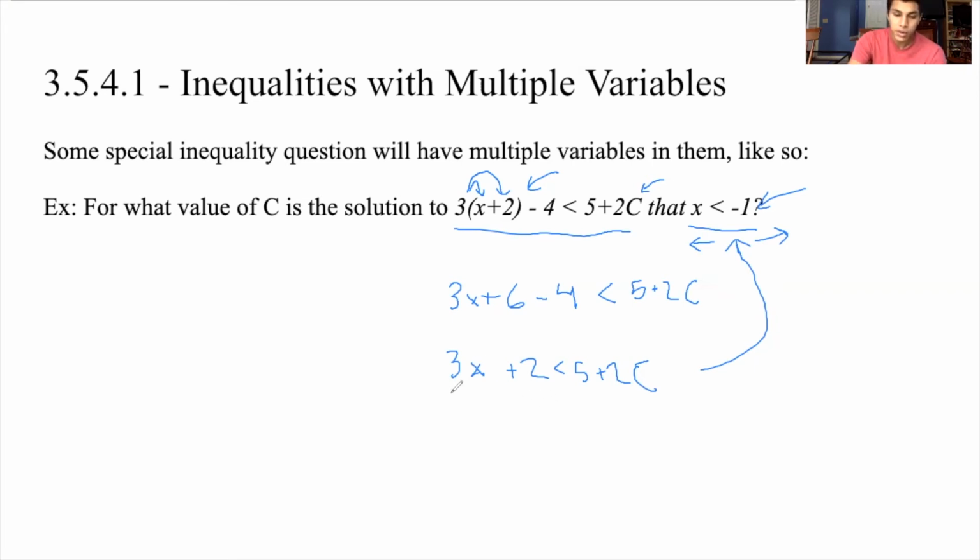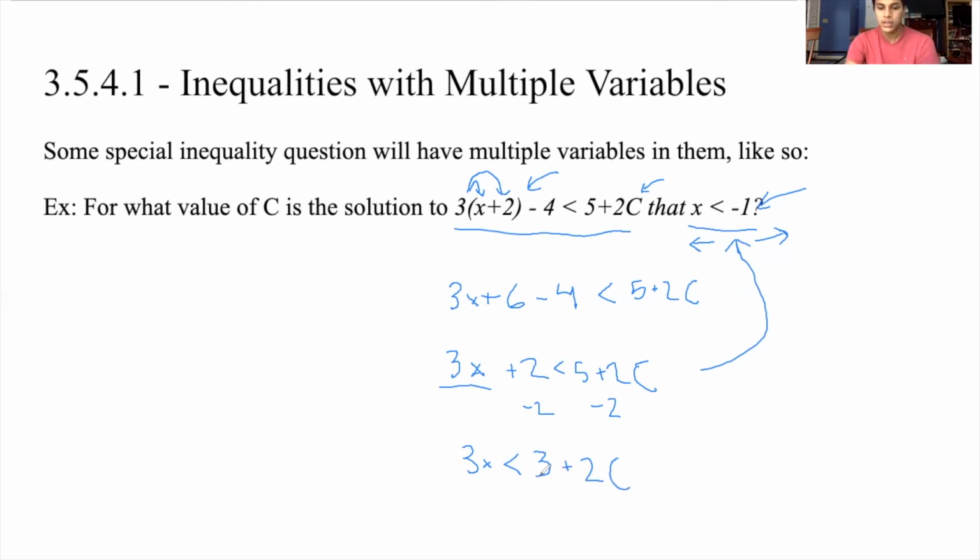But first, we want to make sure that 3x is the only thing on the left-hand side. So therefore, I need to get rid of this plus 2. So I have to subtract 2 from both sides to get rid of it, because they do the opposite operation of the same number. And that gives me 3x is less than 5 minus 2, which is 3, plus 2c.